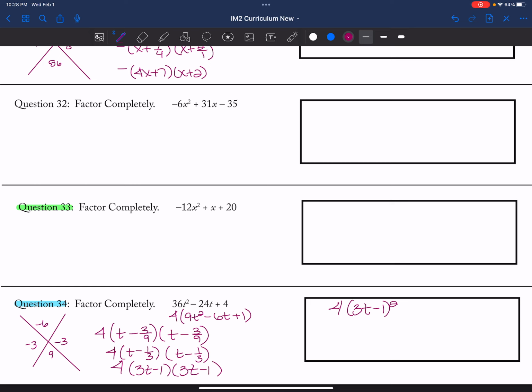240. So let's factor out a negative first. So 12x squared minus x minus 20. So this is going to be 240. Factors of 240. 1 and 240. 2 and 120. 3 and 80. 4 and 60. 5 and, let's see, that's 20.